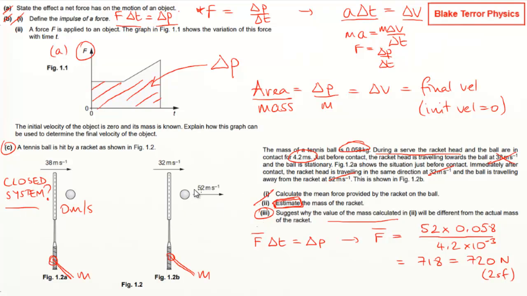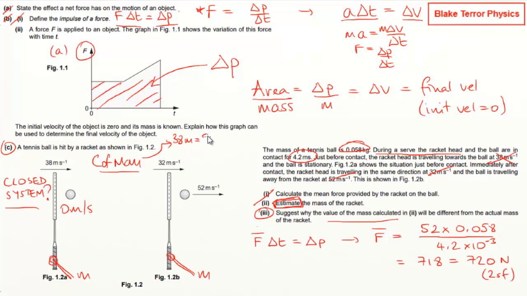So if we do conservation of momentum based on the data that they've given us, all of these numbers here, we're not taking into account the tennis player, so it is only going to be a rough estimate. But let's do our conservation of momentum anyway. We're starting off with 38 times the mass of the tennis racket. That's all we've got initially.